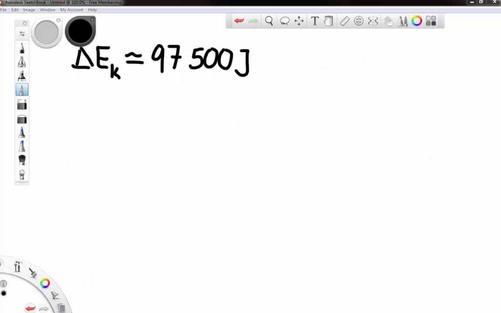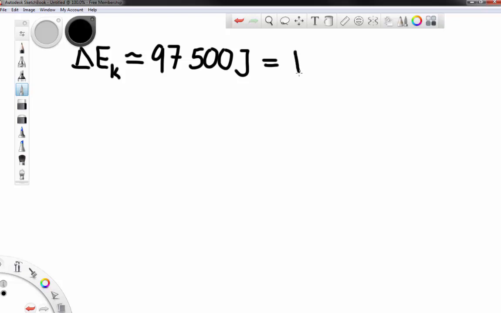The problem, therefore, becomes figuring out how much force needs to be applied over those 97 meters. We already found that the total change in kinetic energy is 97,500 joules. It turns out that change in kinetic energy is basically done entirely due to work. That's called the work energy theorem.